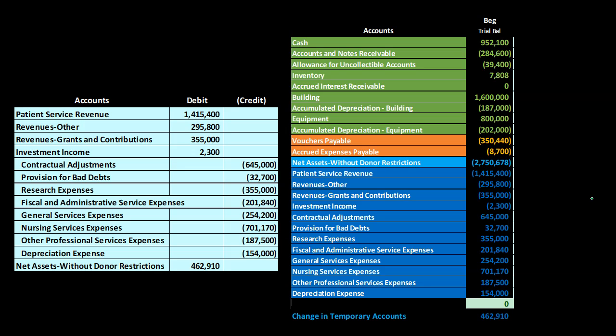Now, it's going to be a fairly straightforward closing process. You'll recall our goal is taking all of these income statement accounts, these temporary accounts, these measures of timing, making them zero, and closing the difference out to what would be similar to the equity section or the net assets section.